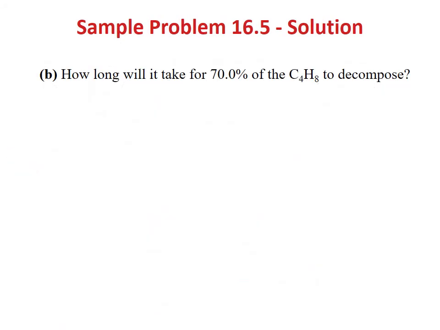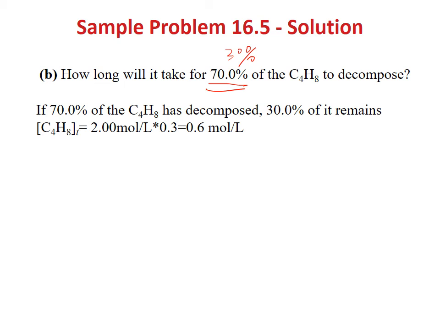In question B, it asks how long it will take for 70% of cyclobutane to decompose. If 70% decomposes, how much is left? It would be 30% left. So the concentration is the initial concentration 2 multiplied by 0.3, which gives you 0.6 molarity.